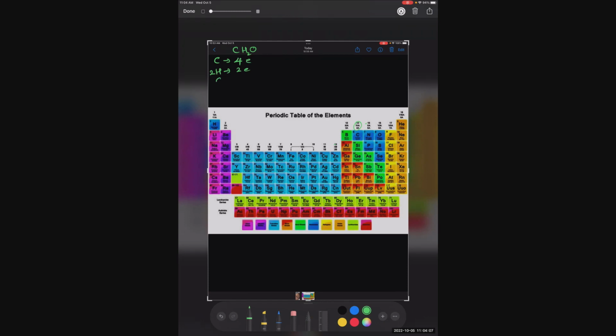And then we have 1 oxygen atom. Oxygen is in the 6th group, meaning we are going to get 6 valence electrons from oxygen. Altogether, we have 12 valence electrons in this molecule. That means 6 electron pairs.